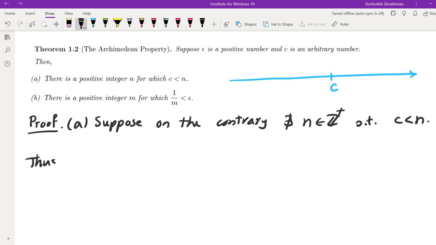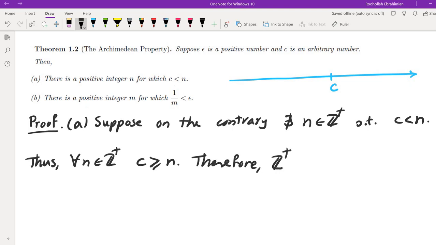That means, if you write this down differently, for every n in Z plus, c is greater than or equal to n, which means Z plus has an upper bound. So Z plus is bounded above.